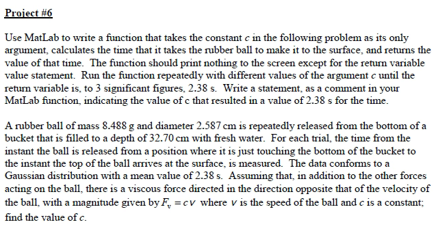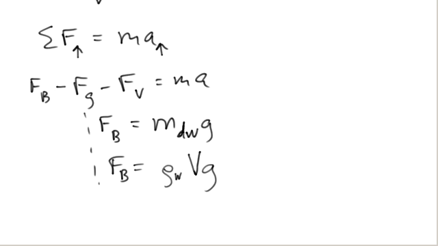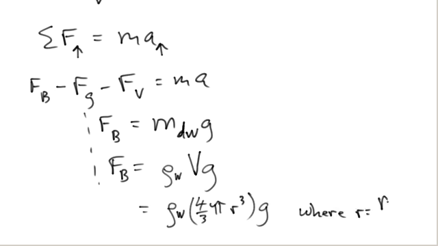So let's go ahead and replace that with the density of water times 4/3 pi r cubed times g, where r is equal to d over 2. So I think I'll go ahead and substitute that in there.